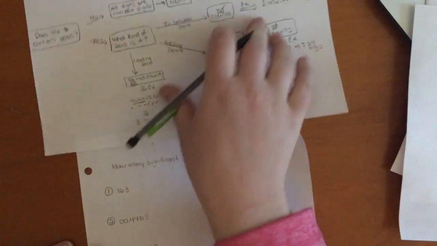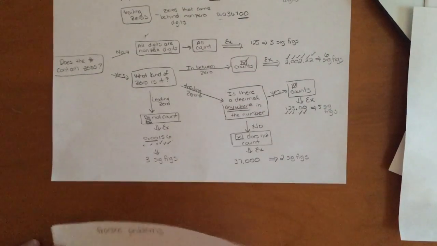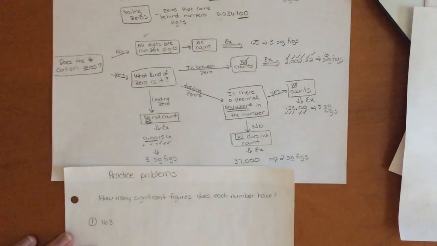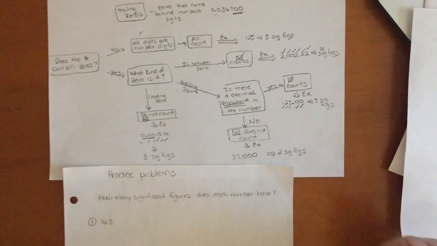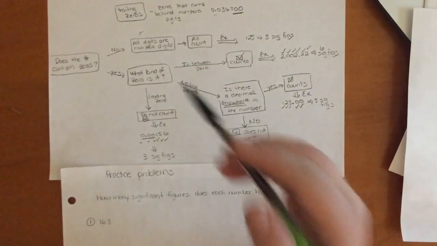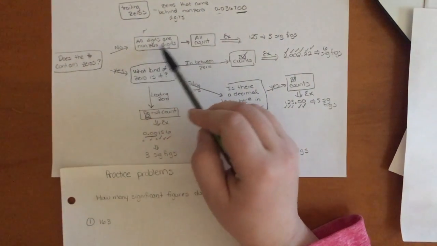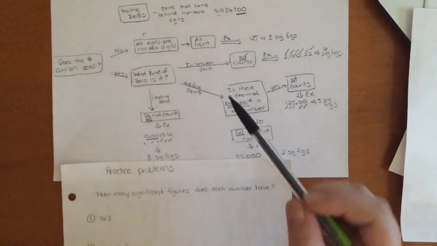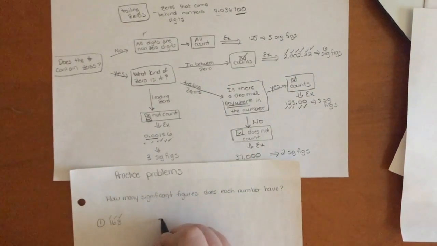Let's look at our flow chart and reason to ourselves what the answer would be. Does the number contain zeros? Actually, it doesn't. That's a no. All digits are non-zero digits, so they all count. So this would be 3 significant figures.